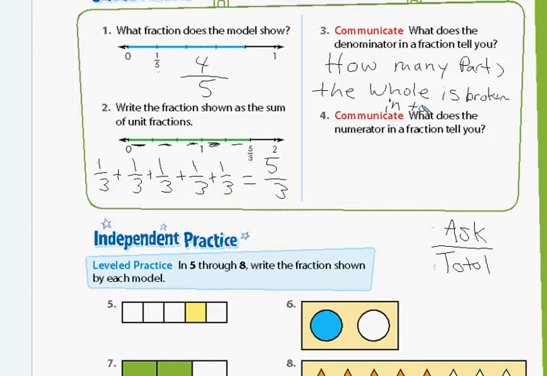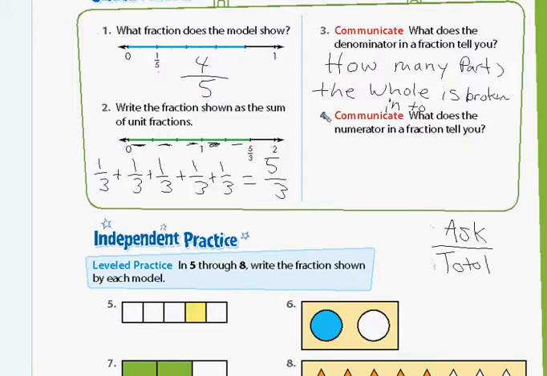How many parts the whole is broken down into? That's how you tell what the denominator is, and that's just how we did it on number 1 and number 2. It's how many parts the whole is broken down into.